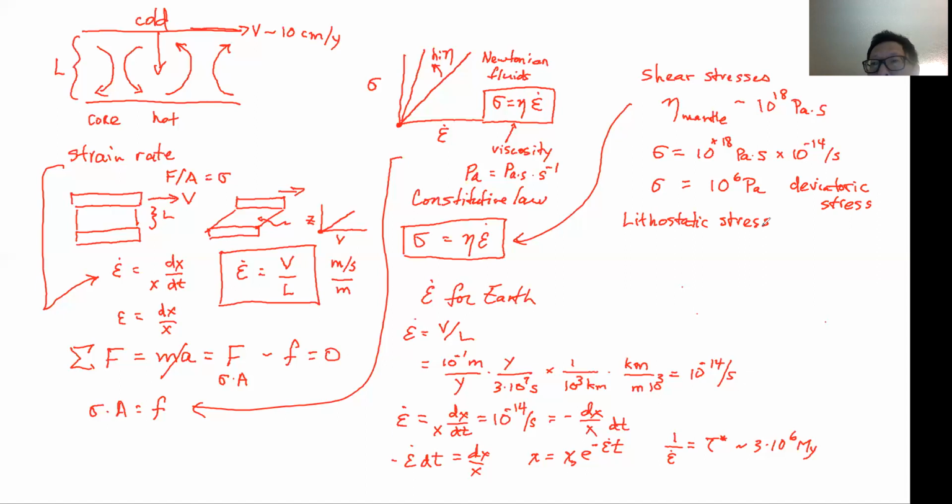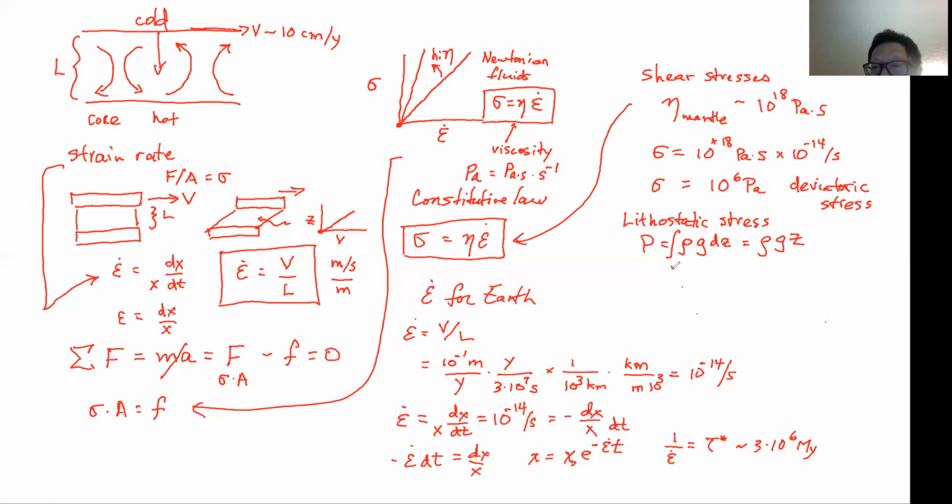And that's just the weight of the overburden above you divided by the cross-sectional area on which it's acting. And that lithostatic stress, as we had shown before, is the integral of rho g dz, but for simplicity, rho, the density, times gravity times the depth, okay?